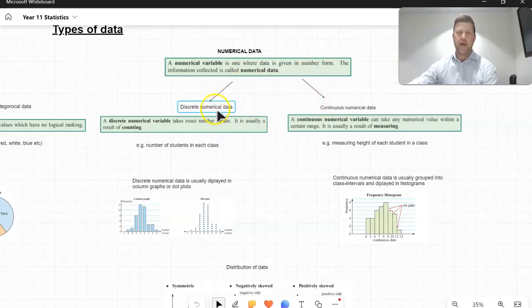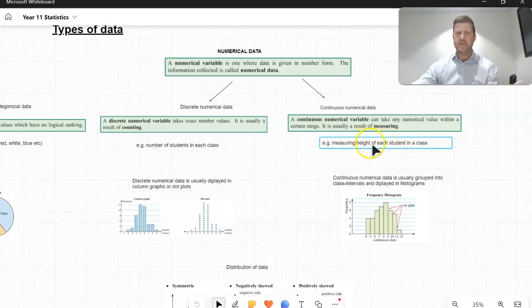So the example I just gave of the number of siblings, it would be an example of discrete numerical data because it can give you an exact value. Okay, continuous numerical data can take any numerical value within a certain range. So for example, here measuring height of each student in a class.